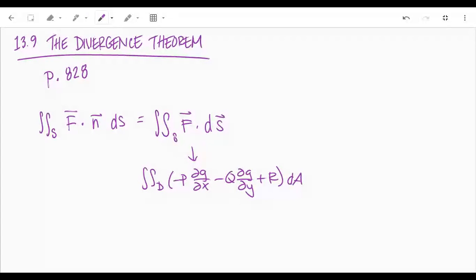Once we add the divergence theorem, which is the fact that this flux is equal to a triple integral. Much like when we did Green's theorem, we went from a line integral to a double integral over an area, now we're going from a surface integral to a triple integral over a volume. So it knocks it up another dimension.